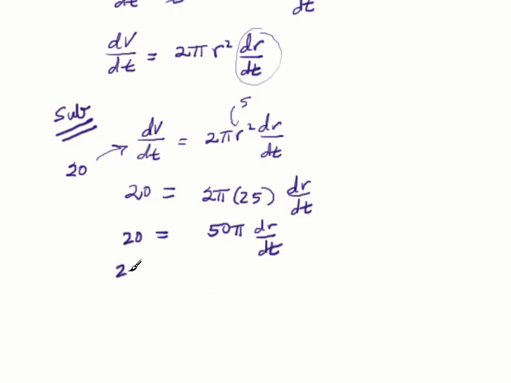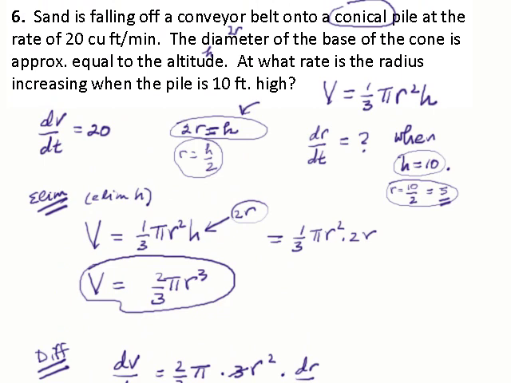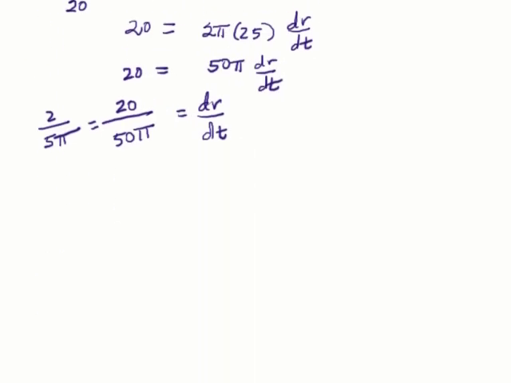Just divide over here, so we have 20 divided by 50 pi is equal to dr/dt. Let's write that as 2 over 5 pi. And let's see, what is that? The units, let's go back up, and we have feet per minute. So that would be feet per minute.